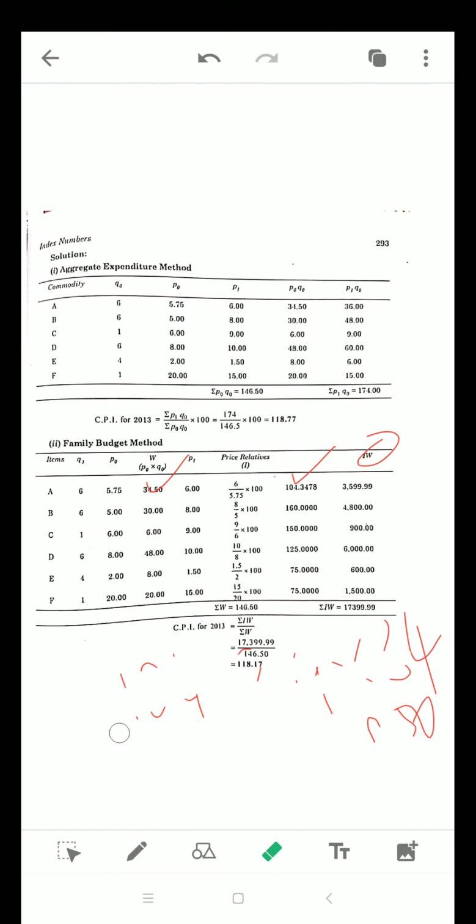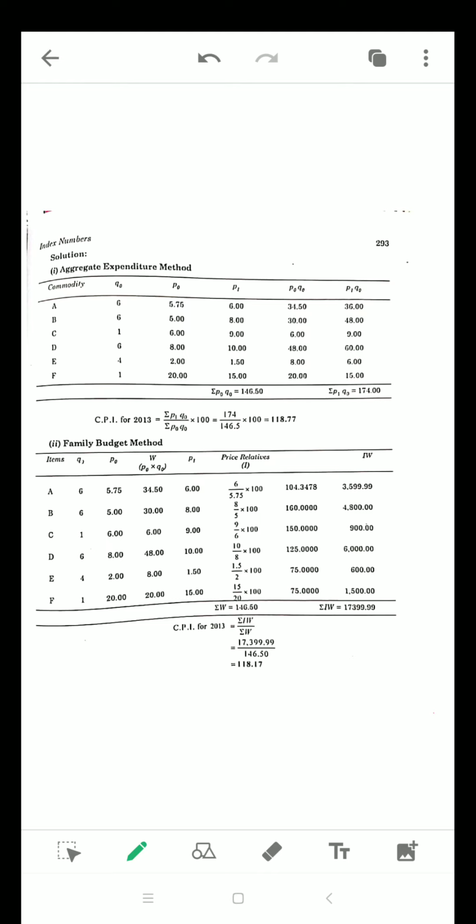This is how we have to calculate IW. That is the product of I and W. So IW multiplied, we will get 3,599.99, or you may consider it as 3,600 also.